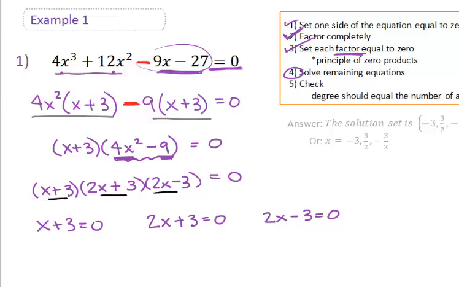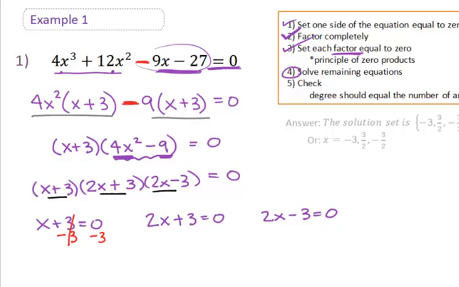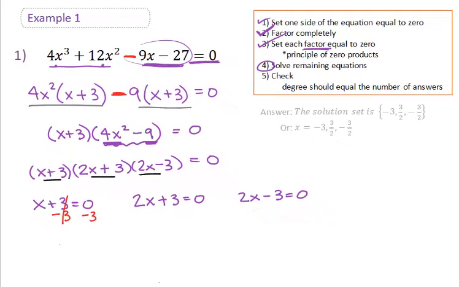X plus 3. To isolate the x, we just subtract 3 on both sides. That gives me the answer of x is equal to negative 3. In my second one, I subtract 3 from both sides. That gives me 2x is equal to negative 3. And then to get rid of the 2, we divide by it.